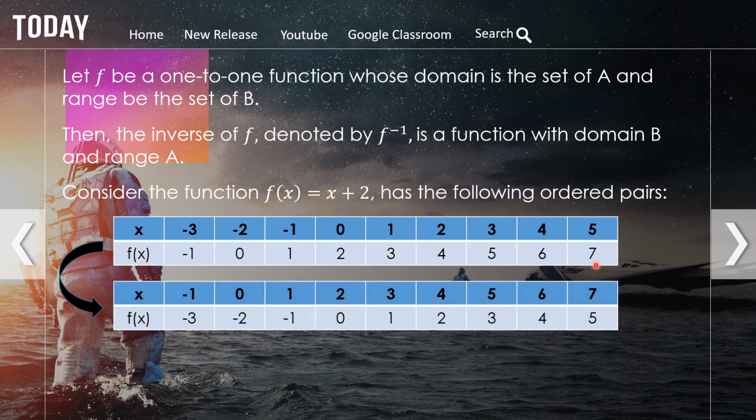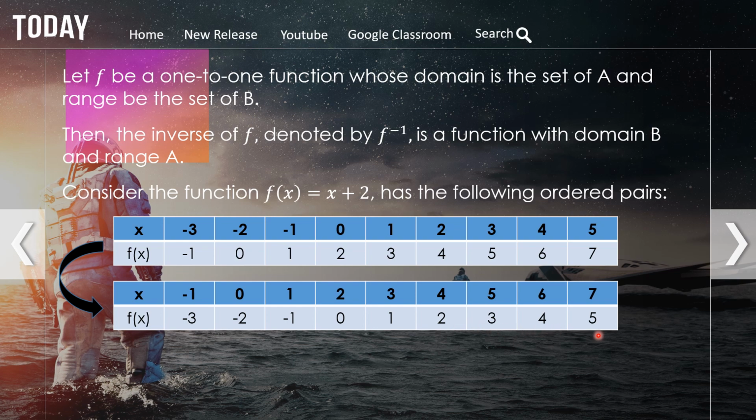Interchanging the ordered pairs of the function, we get the ordered pairs as this: x with the following values: -1, 0, 1, 2, 3, 4, 5, 6, and 7, and for f of x with the following values: -3, -2, -1, 0, 1, 2, 3, 4, and 5.